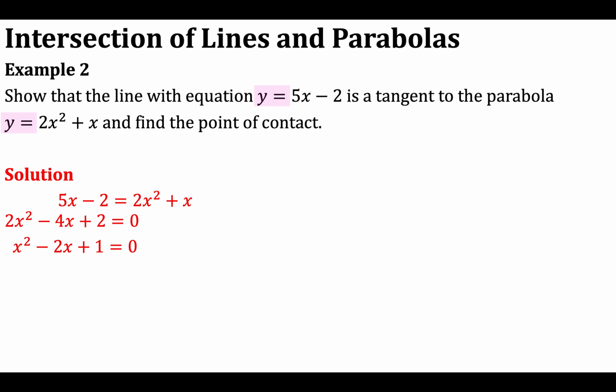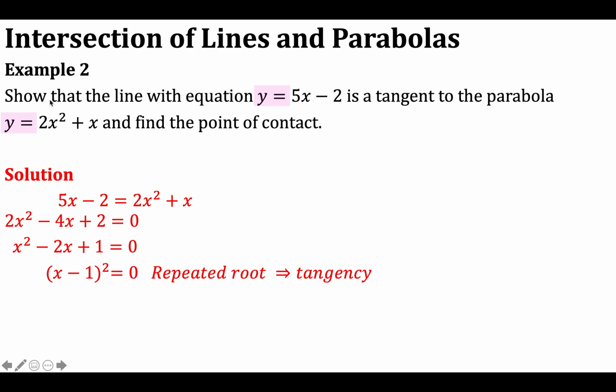And if I factorise this, I get (x minus 1) all squared equals 0. Now here I have a repeated root. When I have a repeated root, that's the equivalent of b squared minus 4ac, the discriminant, being equal to 0. So that means that we have a tangent. So a repeated root implies tangency.